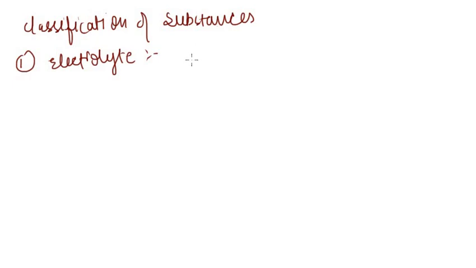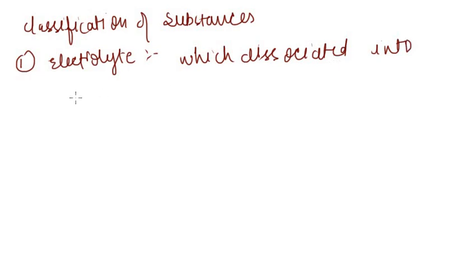So what is an electrolyte? An electrolyte is a substance which dissociates into component ions.